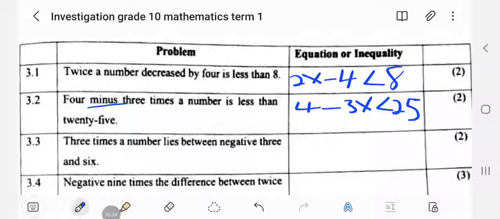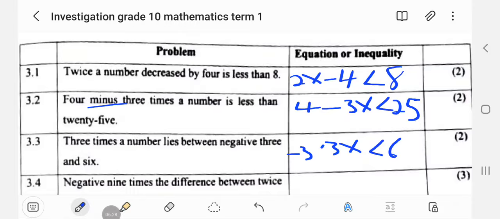Like that. 3.3. 3 times a number lies between minus 3 and 6.